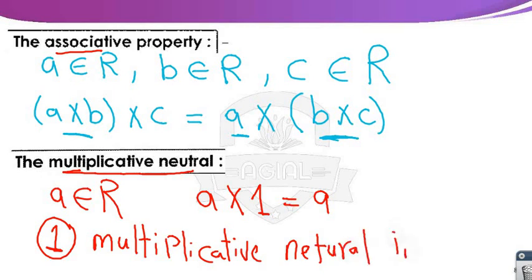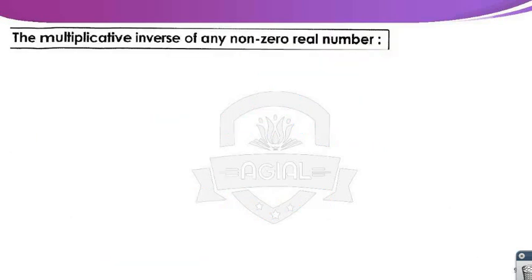Okay. The last property is the multiplicative inverse of any non-zero real number. For every real number a not equal to 0, there is a real number 1 over a, where a multiply 1 over a will be 1, which is the multiplicative neutral.